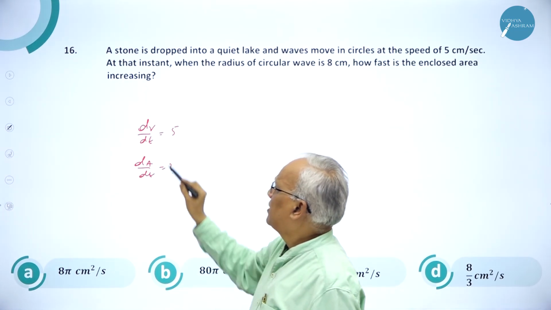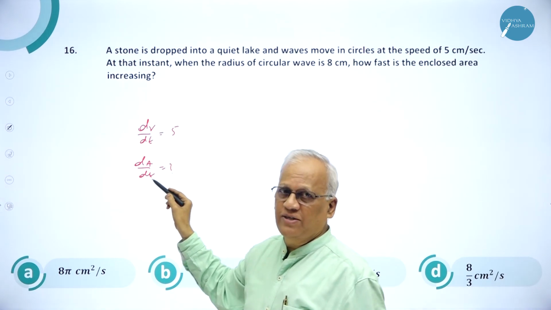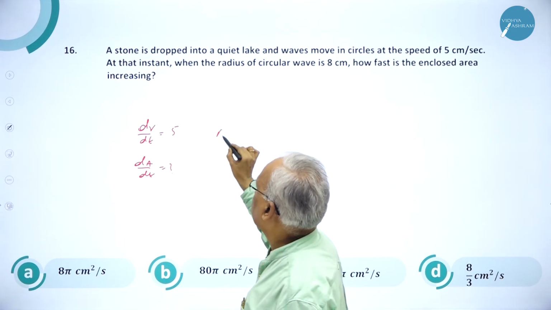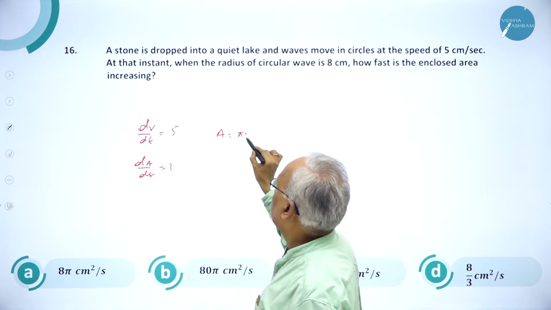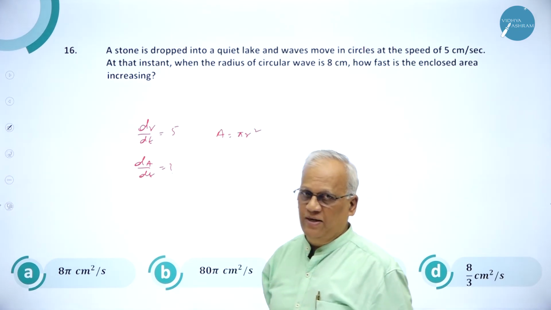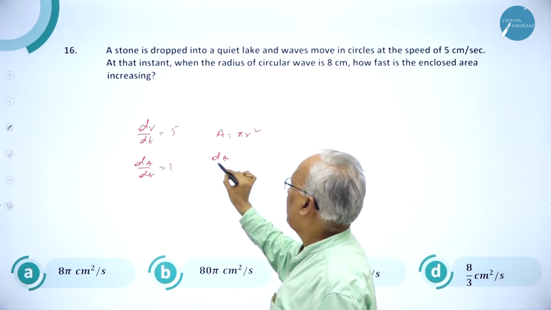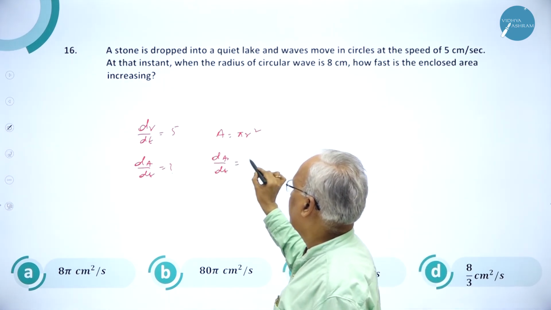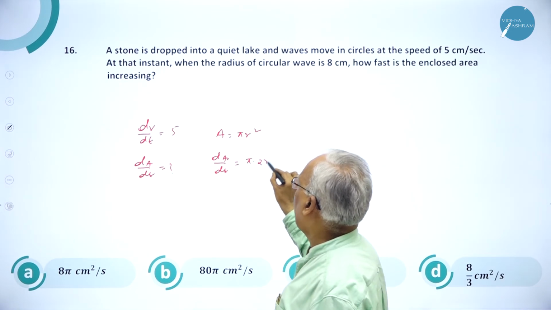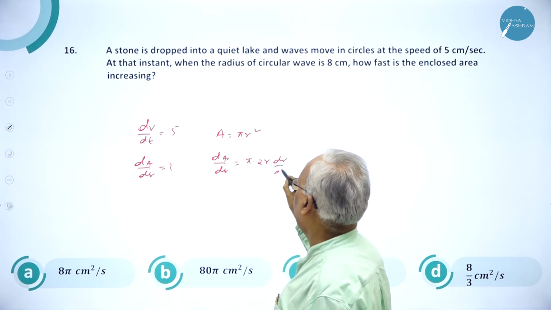So generally, the rate of change of one is given, and the rate of change of the other is required. So establish the relation between them: A equals pi r squared, because it's the area of a circle of radius r. Now differentiate both sides: dA by dt, that's the required expression, equals pi into 2r into dr by dt.